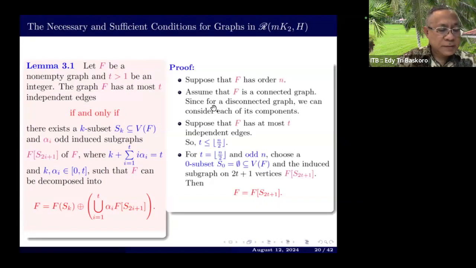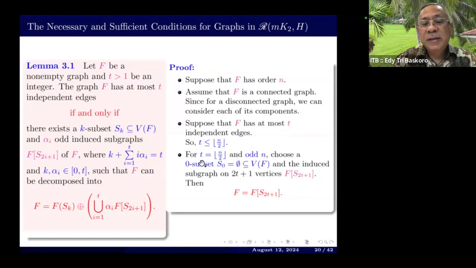To prove that, let's suppose F has order N and assume that F is a connected graph, since for a disconnected graph, we can consider each of its components. Suppose F has at most T independent edges. Therefore, T is less than or equal to the floor of half N.